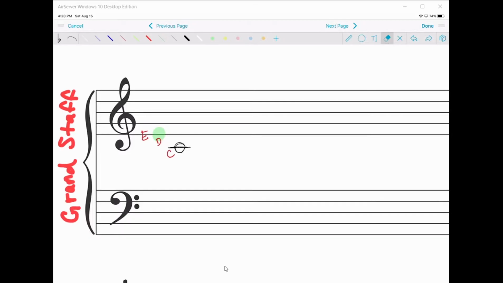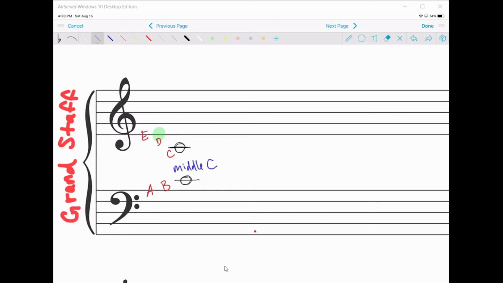I could do the same thing going up from the bass, so this would be A on the line, B on the space, and then I would need another line, and that would be C. So this note is called middle C.